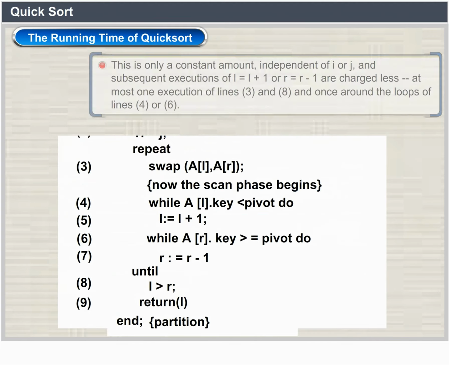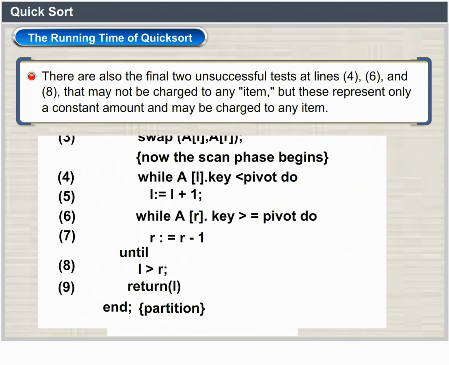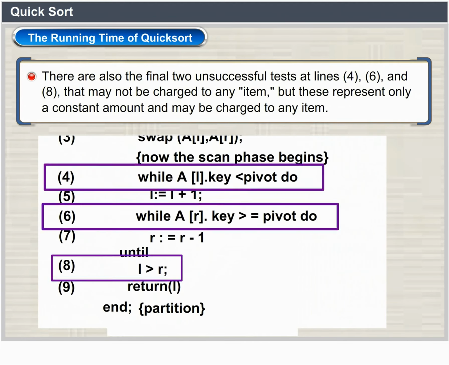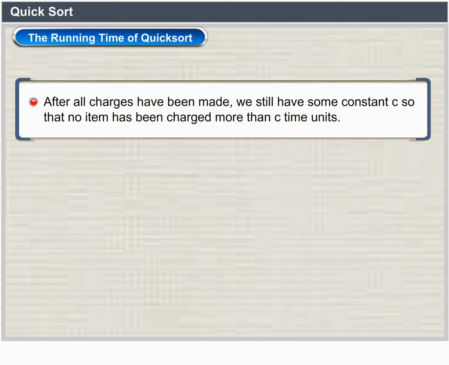There are also the final two unsuccessful tests at lines 4, 6 and 8 that may not be charged to any item, but these represent only a constant amount and may be charged to any item. After all charges have been made, we still have some constant C so that no item has been charged more than C time units.